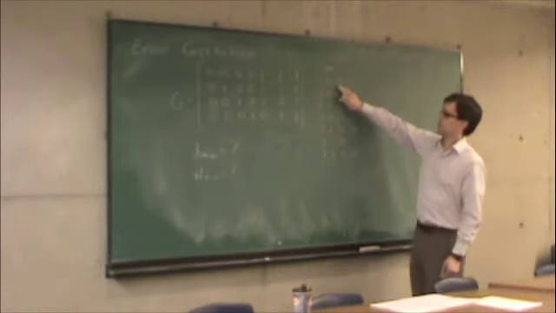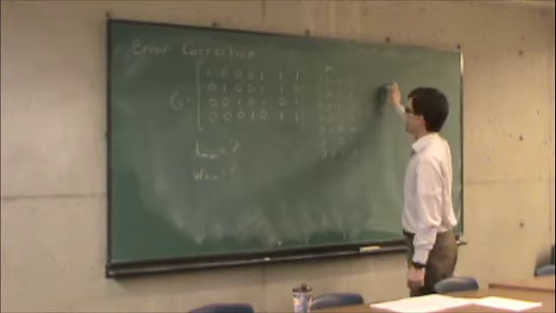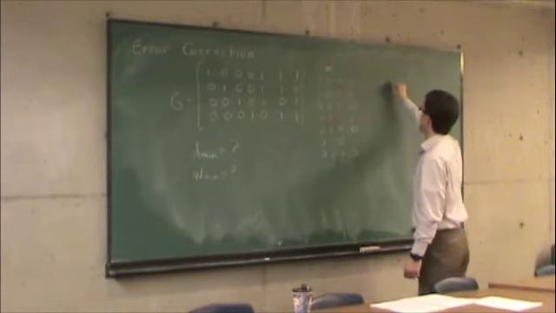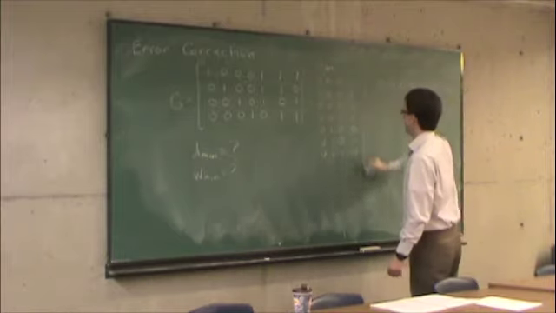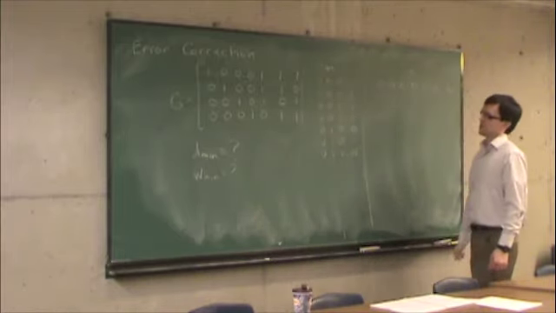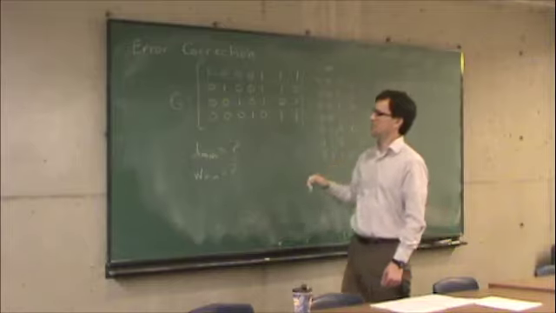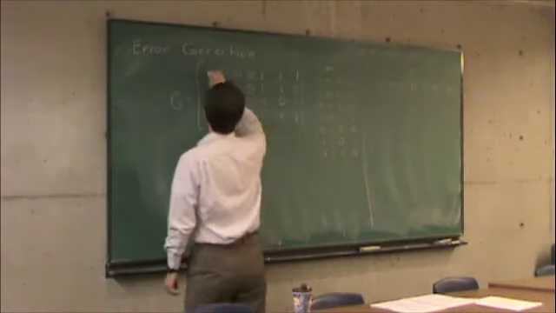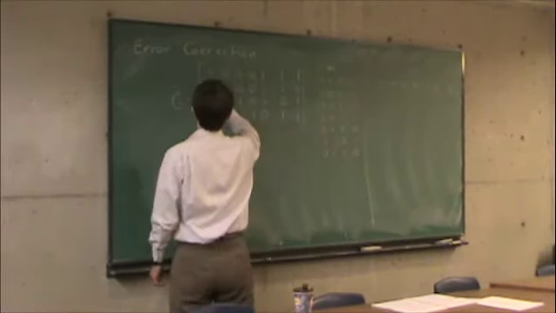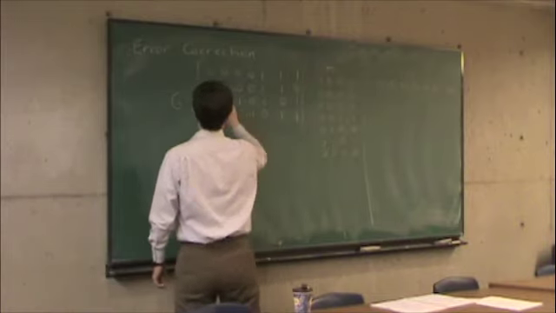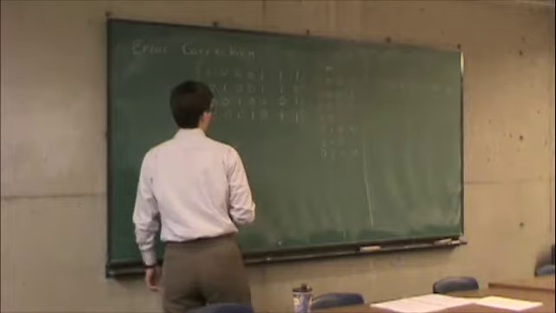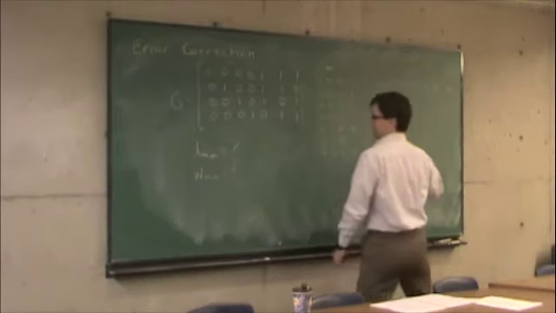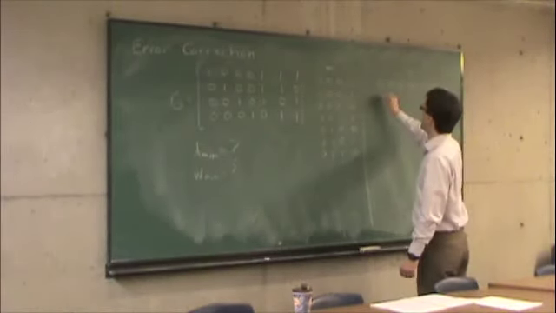So all 0 goes to what code word? That's the all 0 code word. For 0, 0, 0, 1, if I matrix multiply, this row gets multiplied by 0, this row by 0, this row by 0, and this row by 1, so I just pick off the last row.